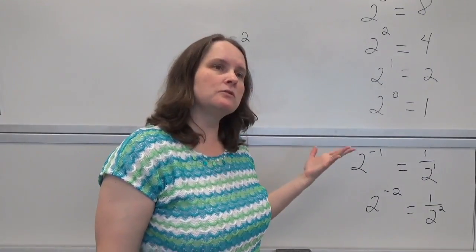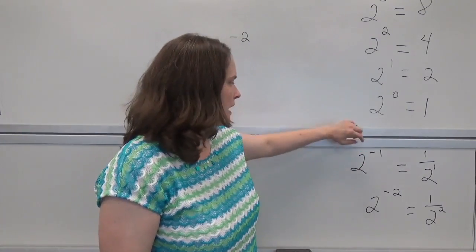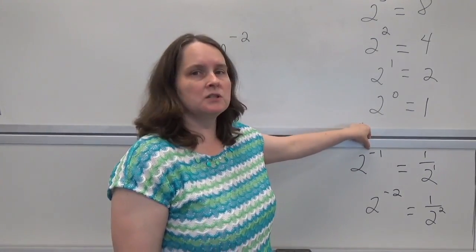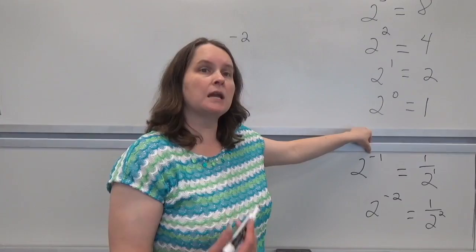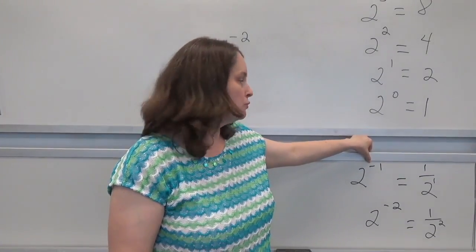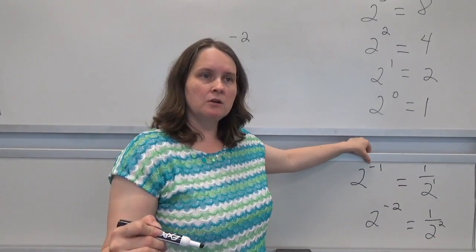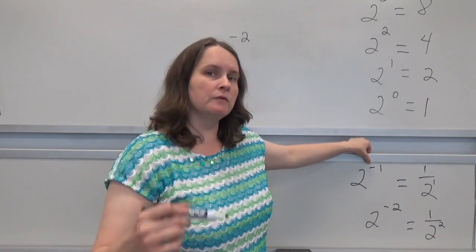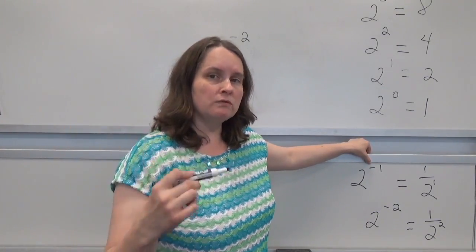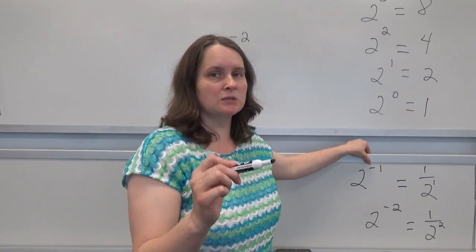So you're going to have to remember and understand that the negative exponents are telling you to essentially create a reciprocal, which means if it's already in the top of the fraction, you're going to move it into the denominator. If it starts out in the denominator, you're going to move it into the numerator. When you move that base, the sign on the exponent will change.